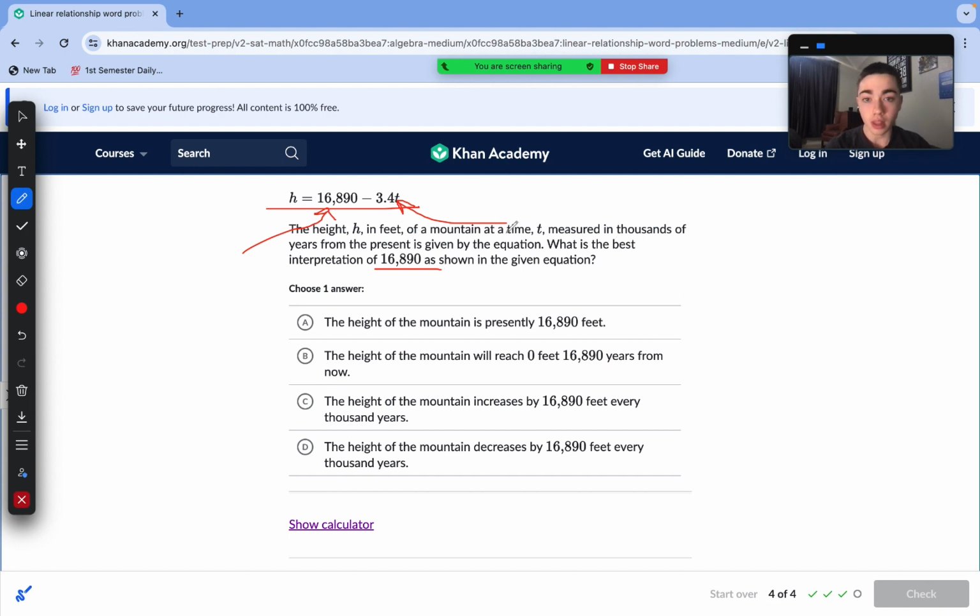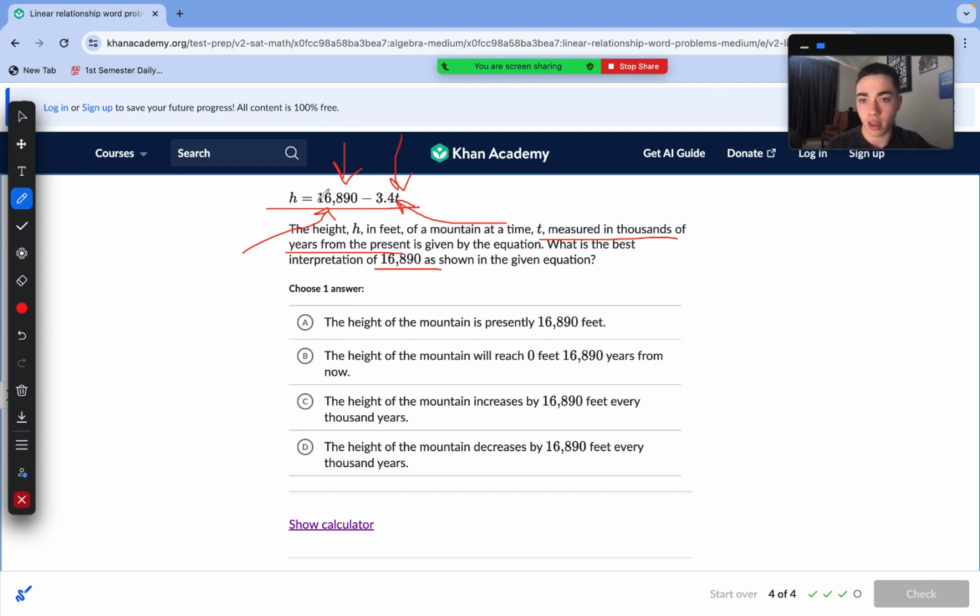So, h is height, and time is measured in thousands of years. So this represents the initial height, because each thousand years, mountains tend to shrink over time. This is some helpful background information, but you don't really need to know that. All you need to know is the initial amount.